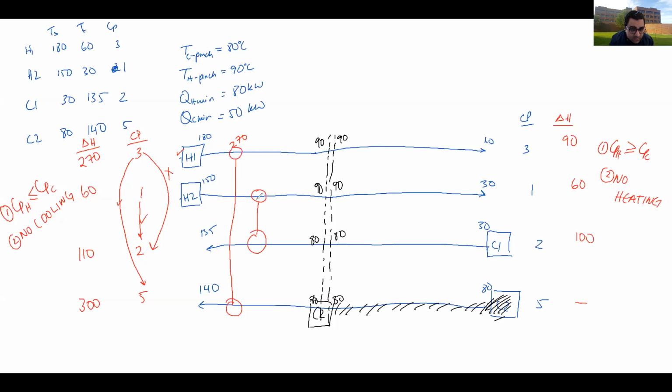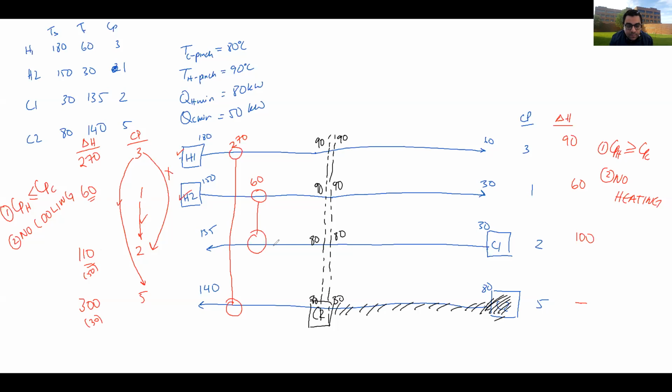And I have basically H2 to C1, and H2 has 60 kilowatts, C1 has 110. So I'm just going to transfer all of the 60 to this stream. And basically this still needs 50, right? And this one still needs 30. So H1 and H2 are done.